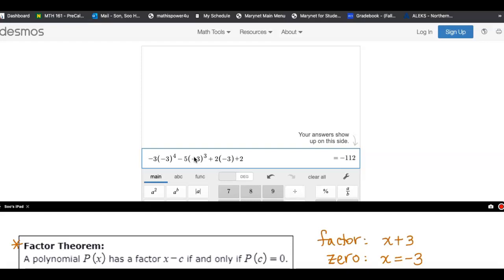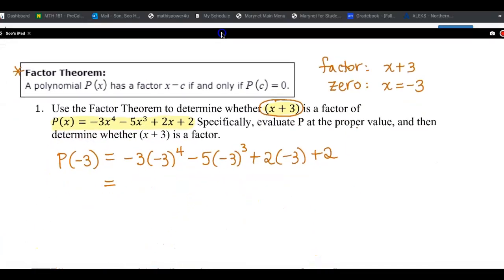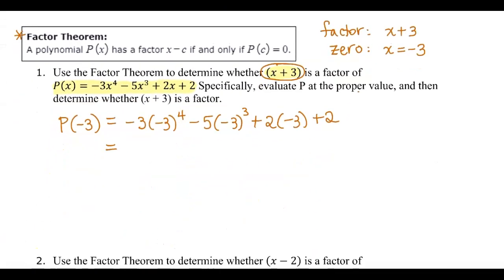When I plugged in negative 3, that is what I got. I'm just double checking to see if I plugged in everything right. So, negative 112. I'm going to write that down over here. That is negative 112.